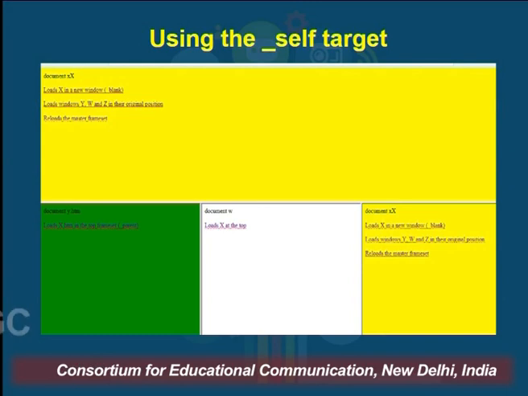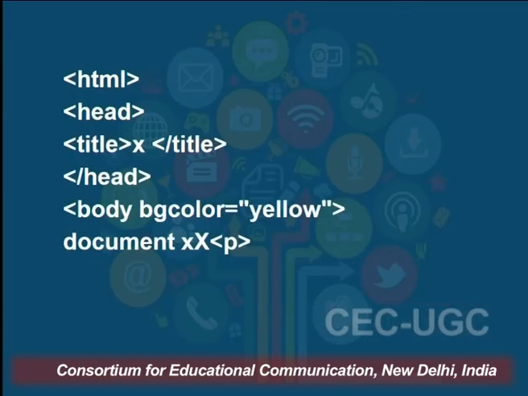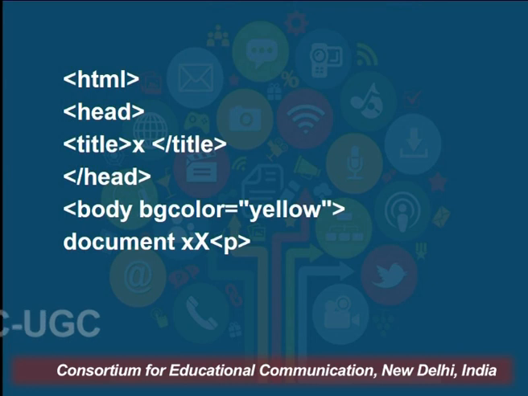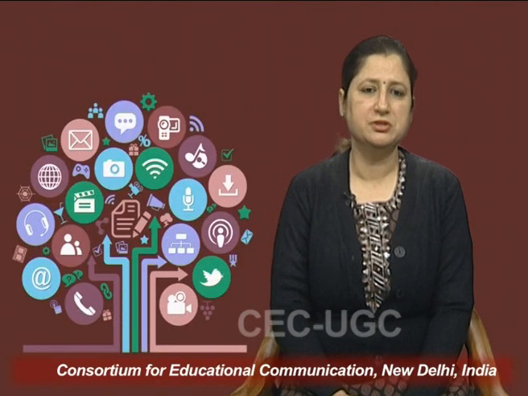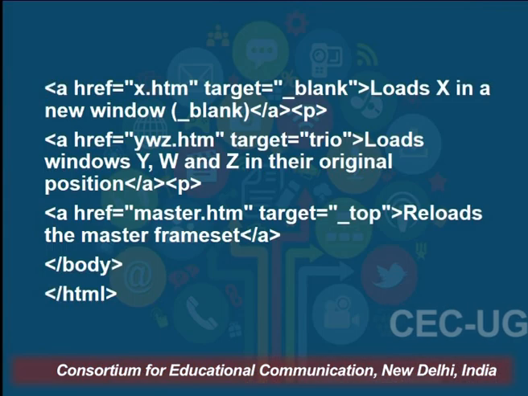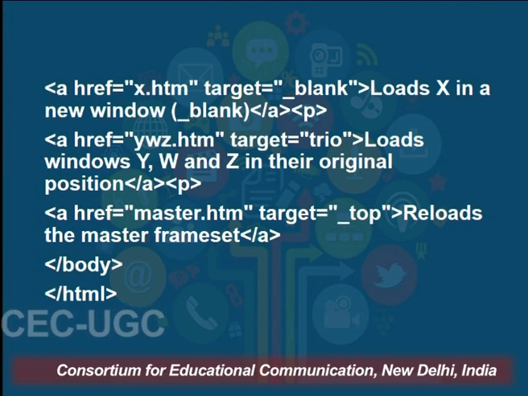It will either open in the self, that is it will replace the linked document there, or it can open in the top level frame, or it can just replace the frame layout. You can see here in this code snippet we are defining where we are using the target to open.